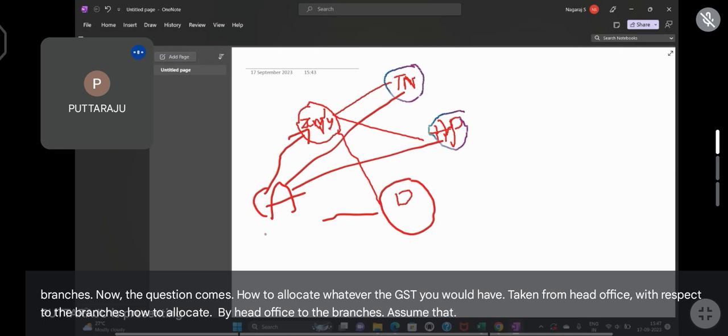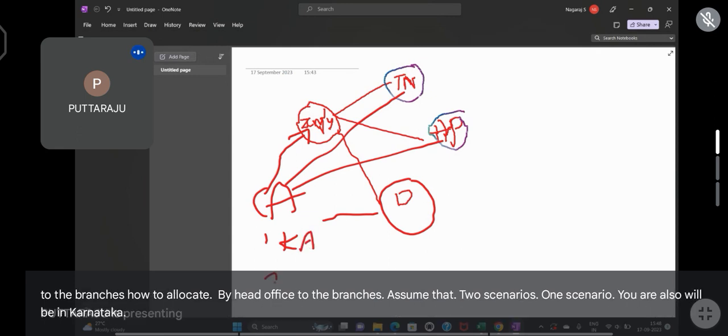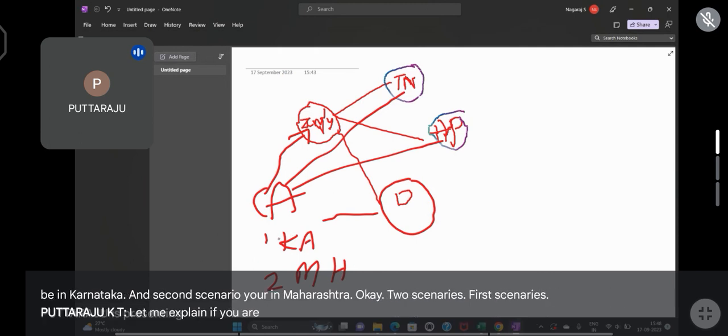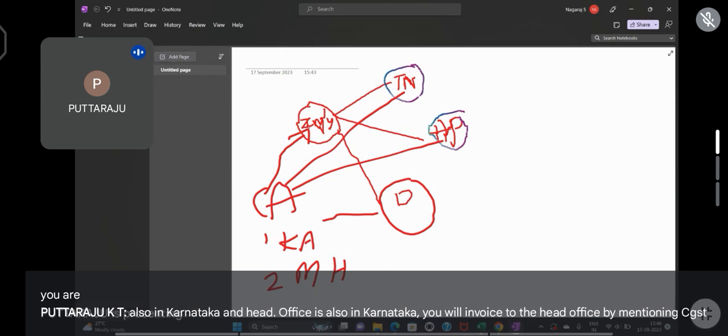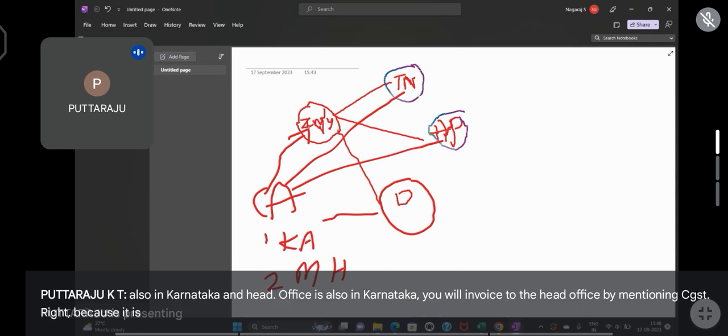Assume two scenarios. One scenario, you are also in Karnataka, and second scenario, you are in Maharashtra. First scenario, let me explain. If you are also in Karnataka and head office is also in Karnataka, you will invoice to the head office by mentioning CGST, SGST, because it is intrastate supply.